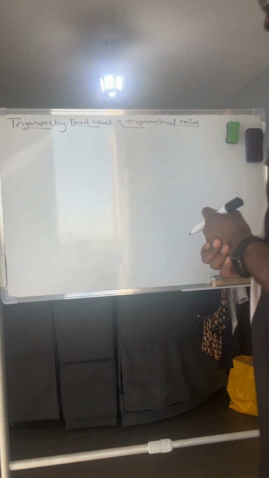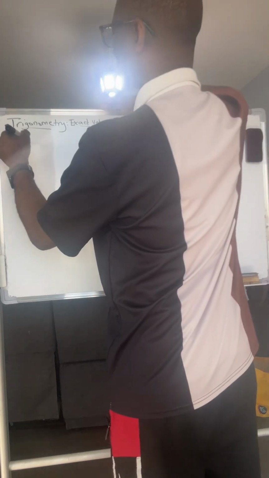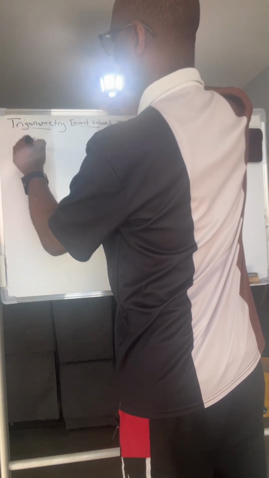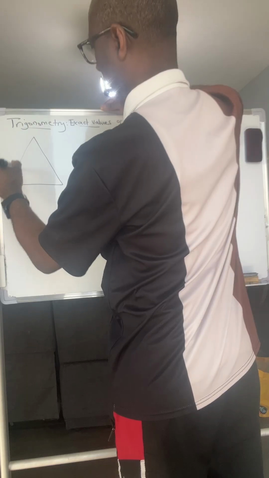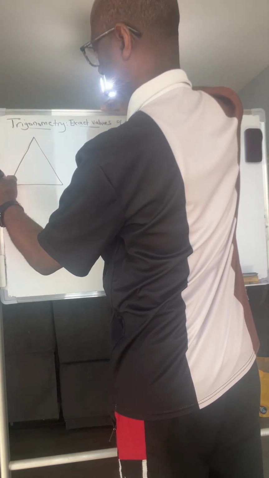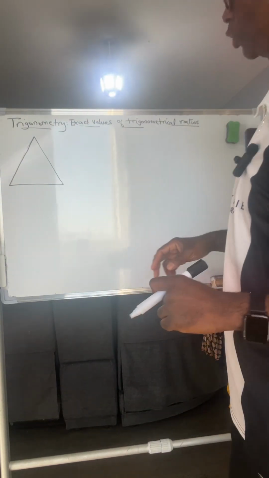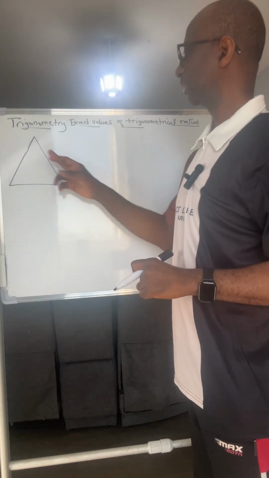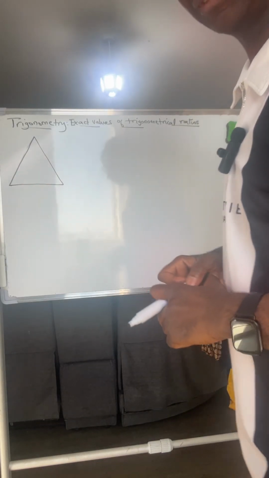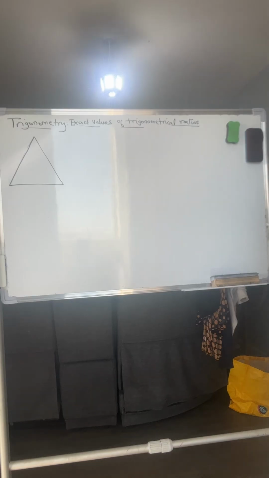So, if we have an equilateral triangle, we are assuming that all these sides are of the same length.